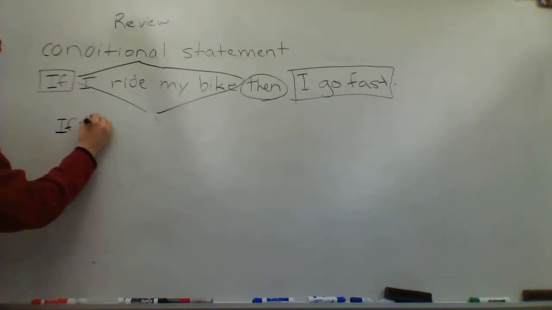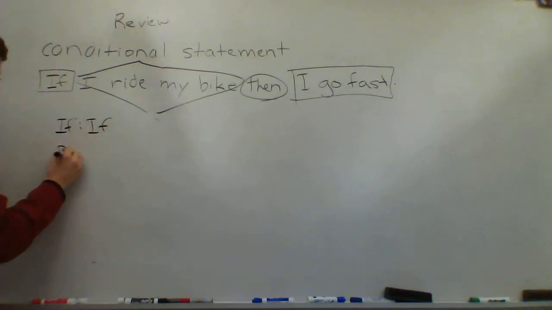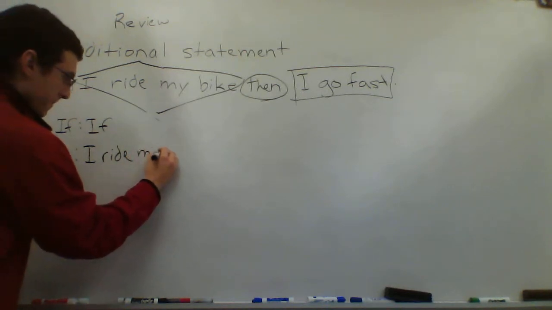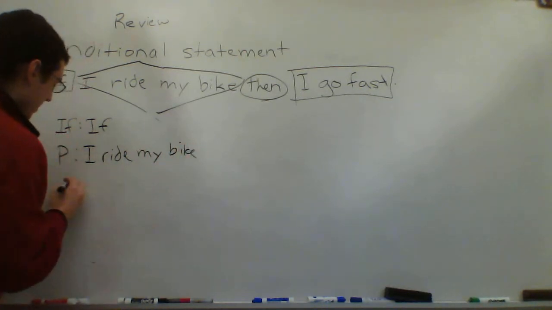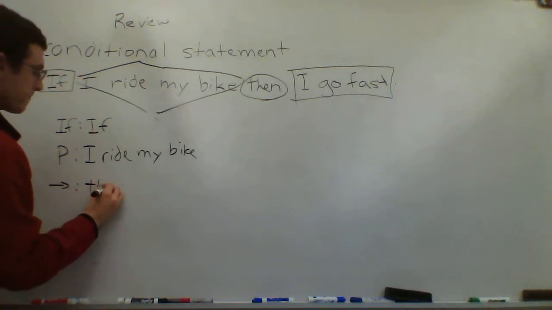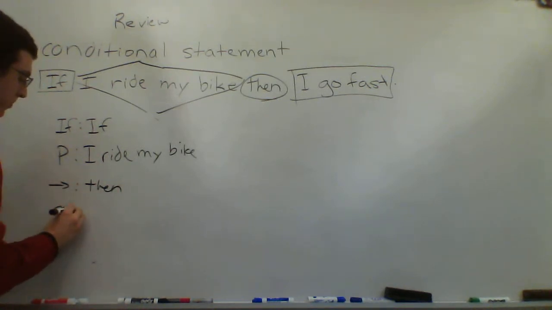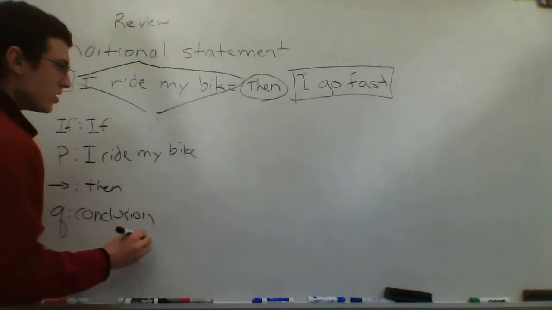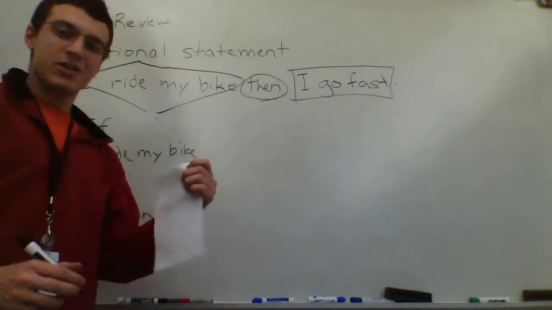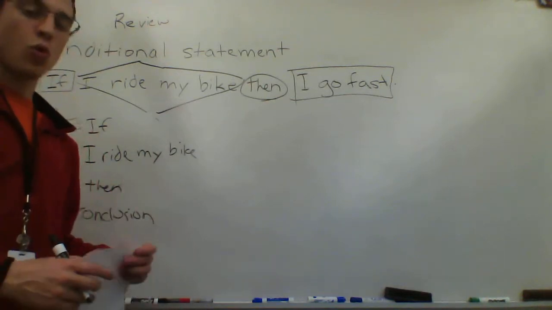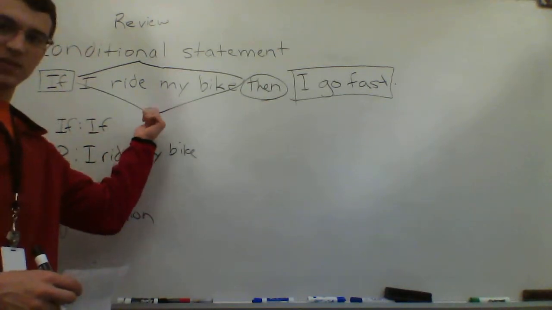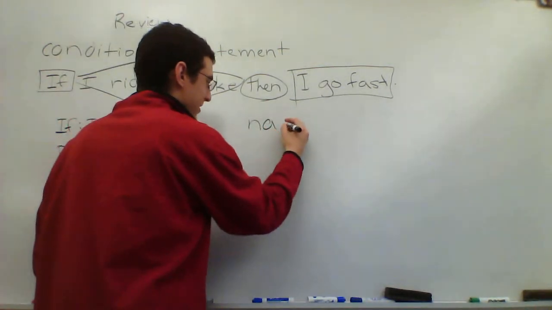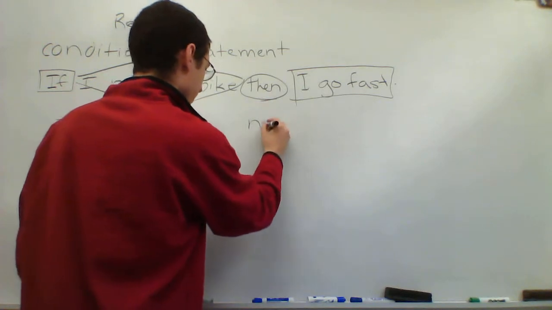If is my if, P is I ride my bike, my arrow is my then, and my Q is my conclusion. So, what we are going to work on today is your negated P and your negated Q, or your negated hypothesis and negated conclusion.